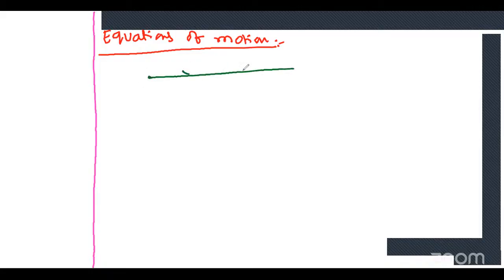Next, after the velocity-time and acceleration-time graphs, we are having the equations of motion. Whenever the particle is in motion, we want to find the properties of the particle like velocity, acceleration, and displacement.